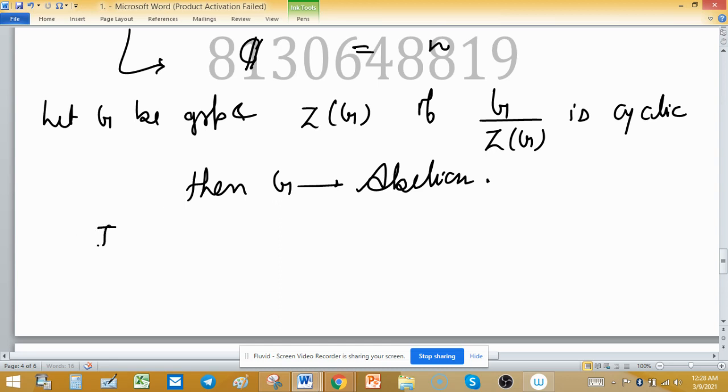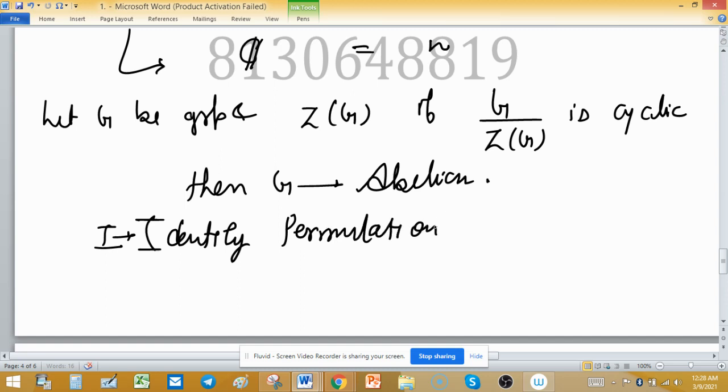The identity permutation, which we normally denote like this, in S_n is always an even permutation.